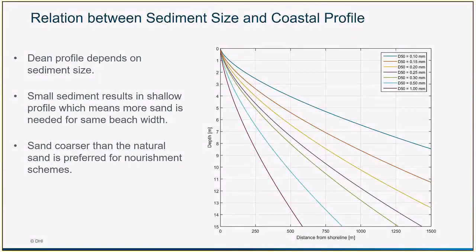As we can see on this figure, we have different steepness of profile depending on the median grain size. For very coarse sand, we have a very steep profile, and for finer sands, we have flatter profiles.